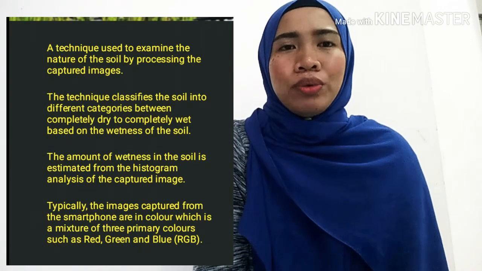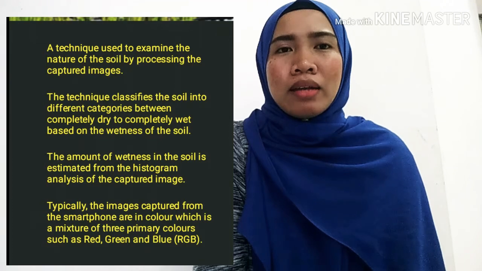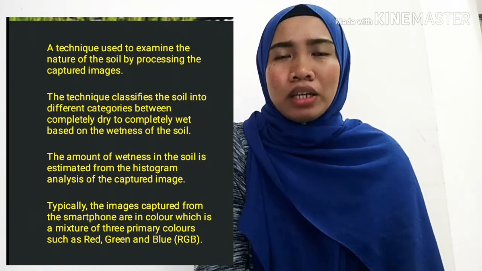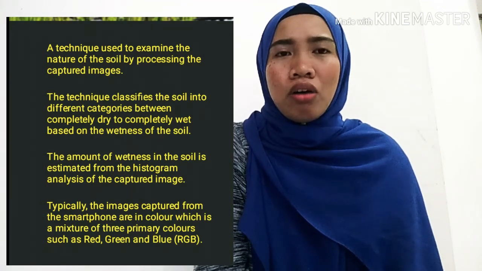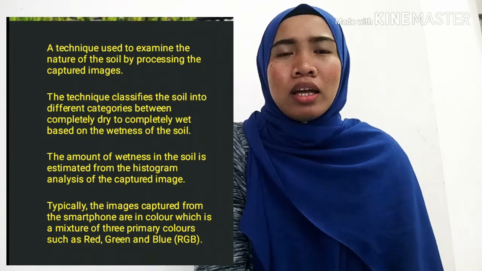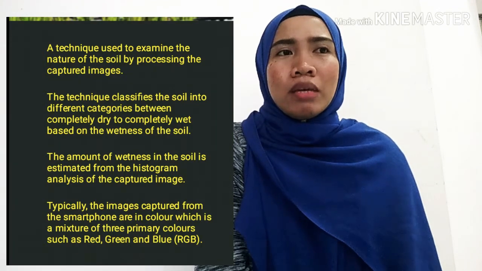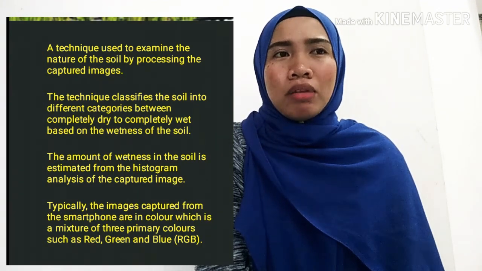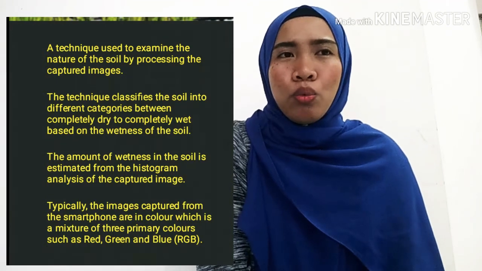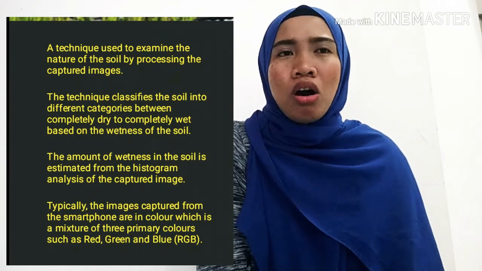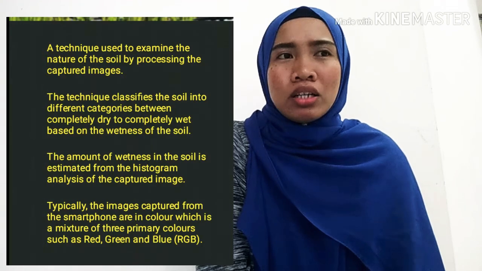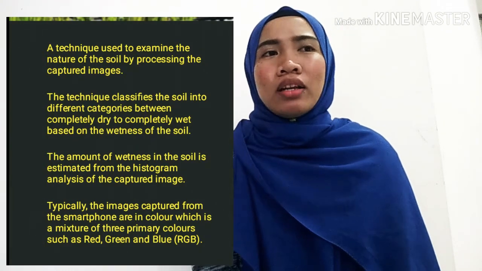The amount of wetness in the soil can be estimated from the histogram analysis of the captured image. Typically, the images captured from the smartphone are in color, which is a mixture of three primary colors such as red, green, and blue.